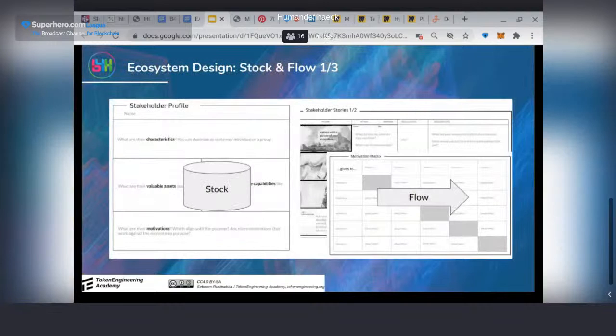Then we need to start mapping a little how our ecosystem will be, okay, and how the value is being transferred. What we can do is gather the information that we collected before and transform it into graphics, okay, and order it better and interrelate the different agents among each other.